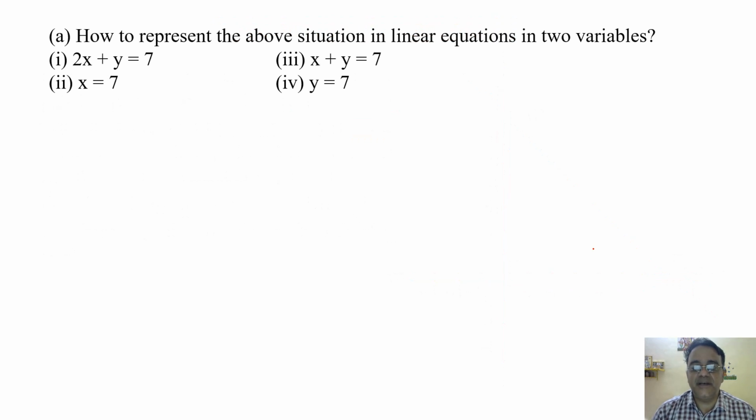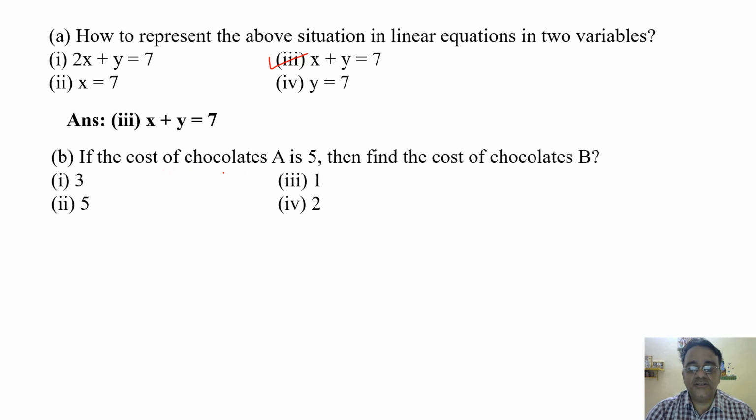How to represent the above situation in linear equation in two variable? So chocolate A x है, x rupees है, और chocolate B y rupees. So x plus y is equals to 7, and the correct option is the third one. Now next question, if the cost of chocolate A is 5, then find the cost of chocolate B.